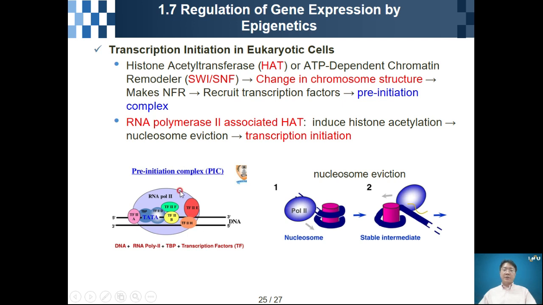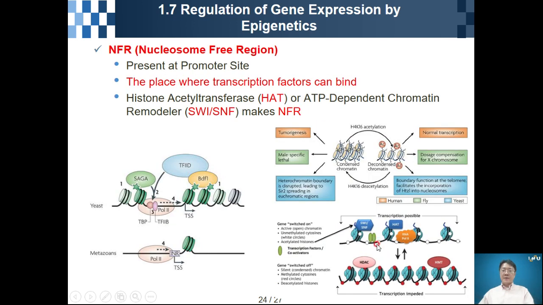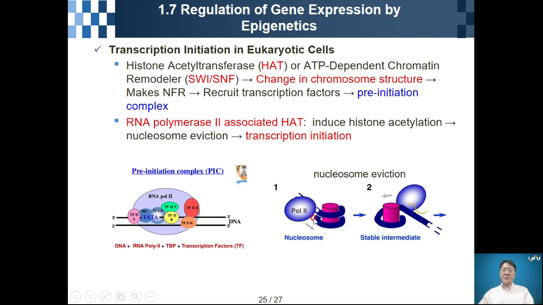So after that, they will meet the nucleosome. Okay, so this is the NFR region. Finally, they will meet the nucleosome. In this case, because polymerase 2 has the HAT function, it can induce nucleosome eviction, so it can easily bind to the DNA.